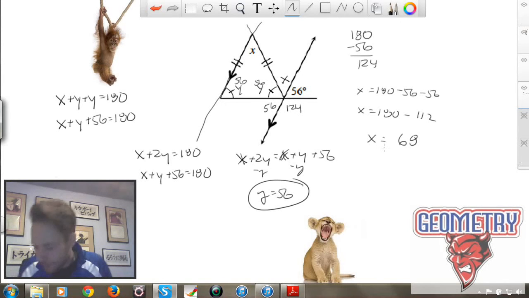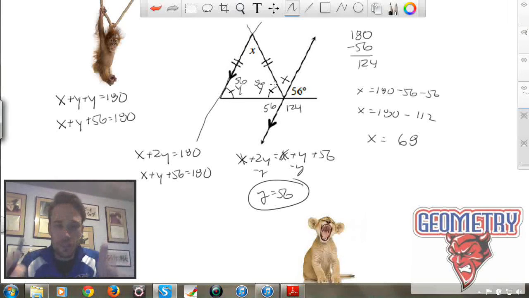This is a really good problem, by the way. We had to play around with the relationships in order to find a couple of distinct relationships between some knowns and unknowns.